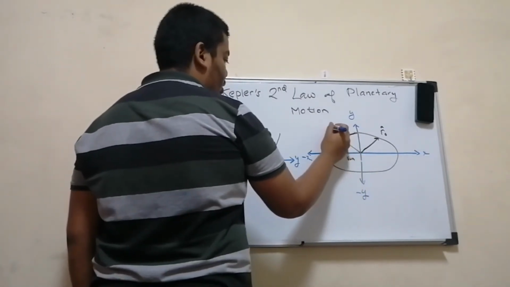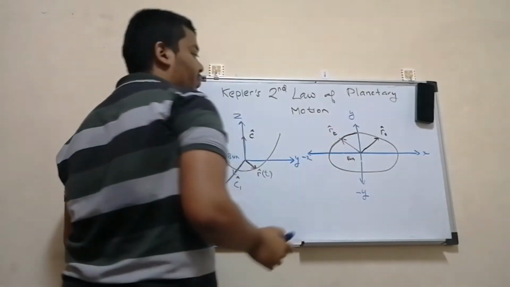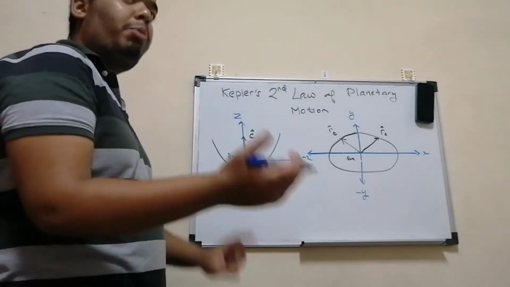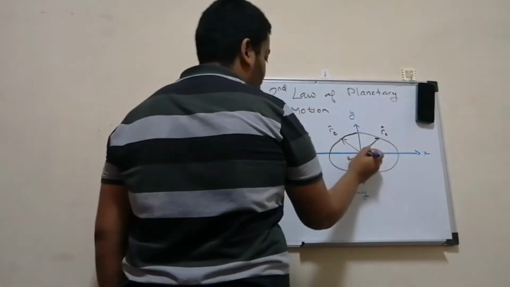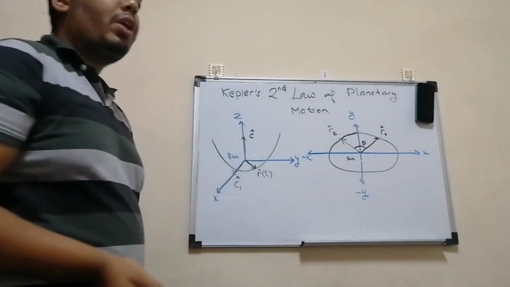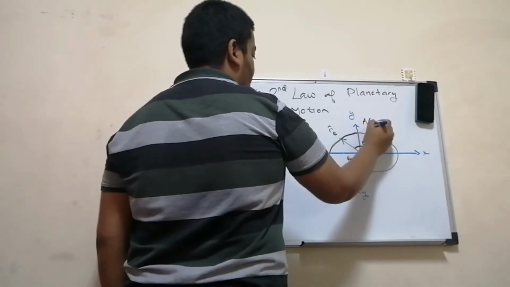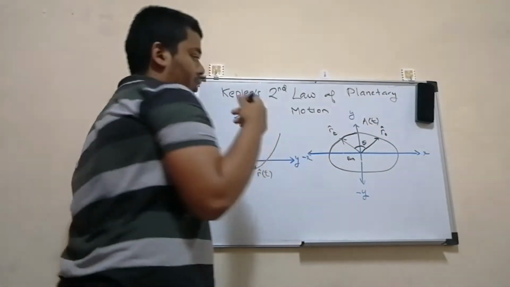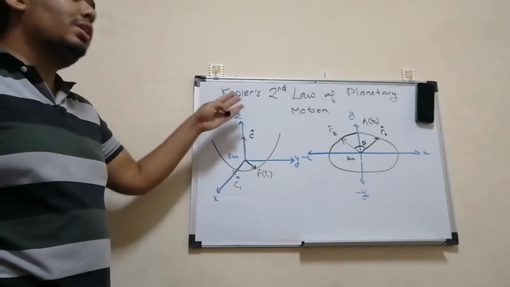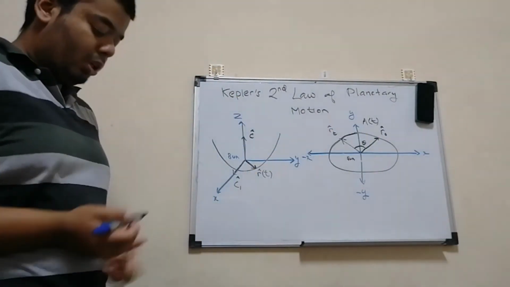A new position is RT. Obviously, when it was sweeping, it covered a particular angle. We can name that angle theta. And the area swept is A, which is obviously a function of t. What the second law of planetary motion says is that this rate of change of area is actually constant.